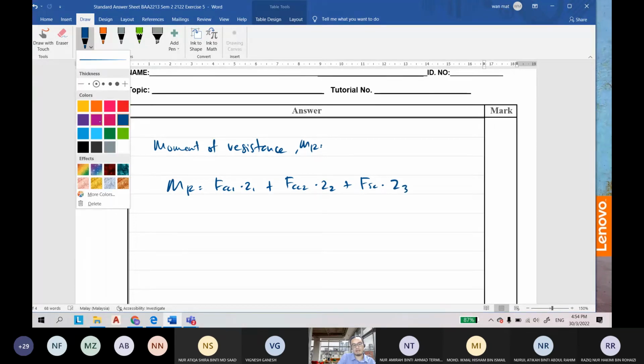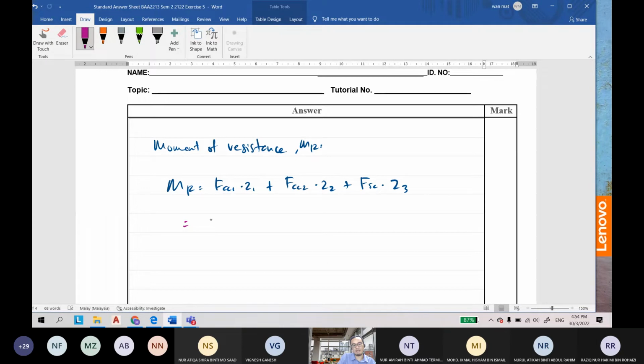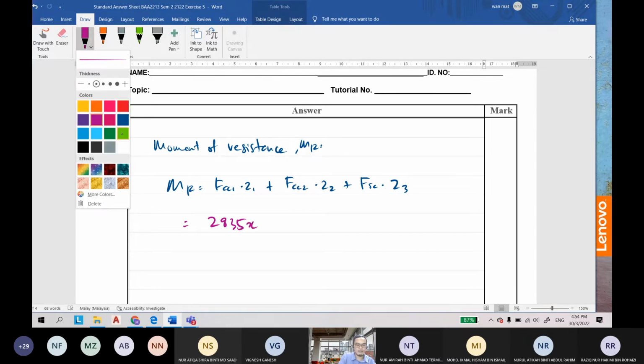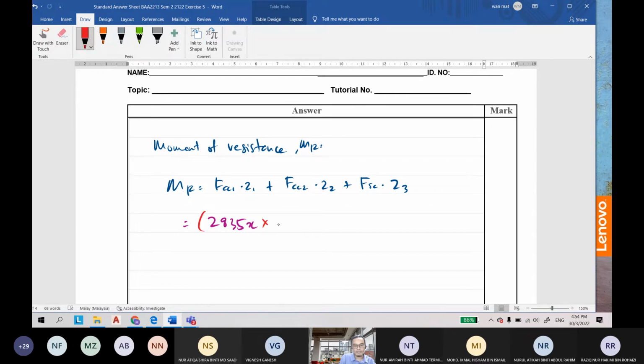So the value is 2835x times Z1, which is 446.2, and X you multiply with 134.5.